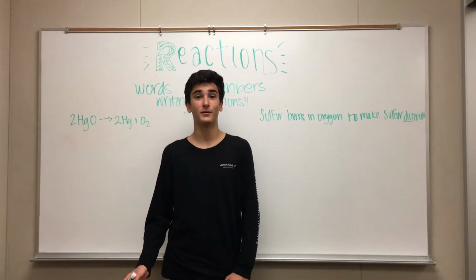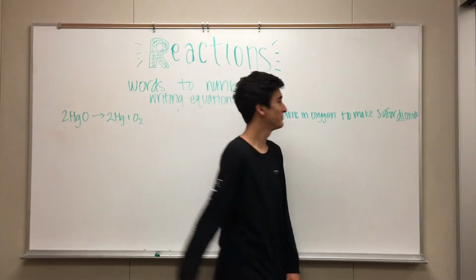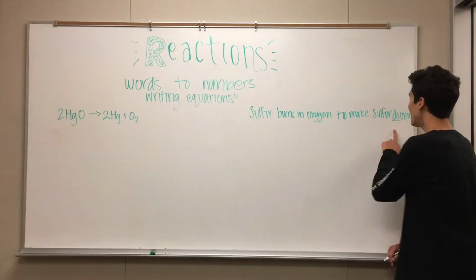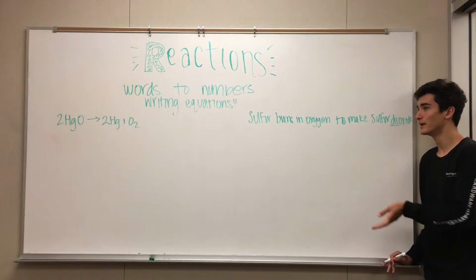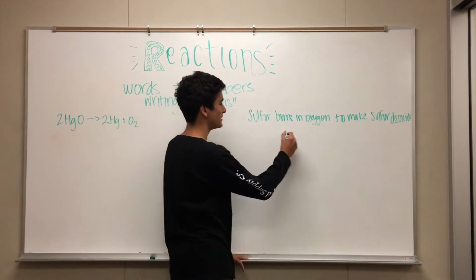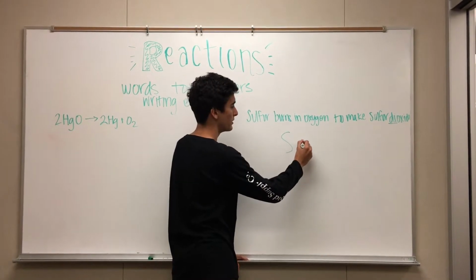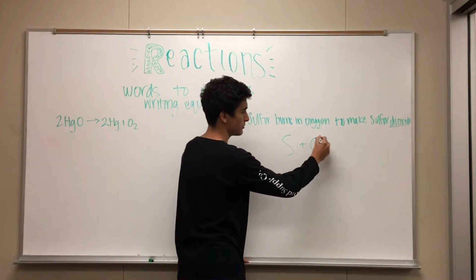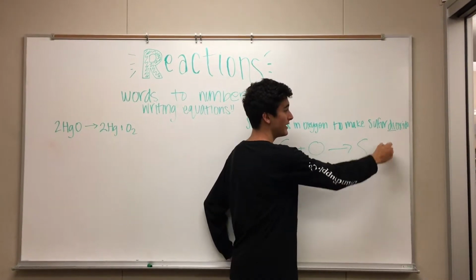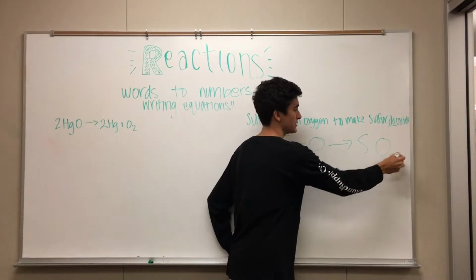In order to learn how to write chemical reactions, first, you have to learn the prefixes. Di would mean 2, tri would mean 3, and so on. So, for this, it would be sulfur burns in oxygen, so plus O2, to make sulfur dioxide, which is 2 oxygens.